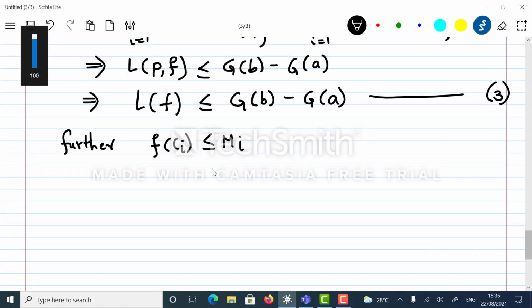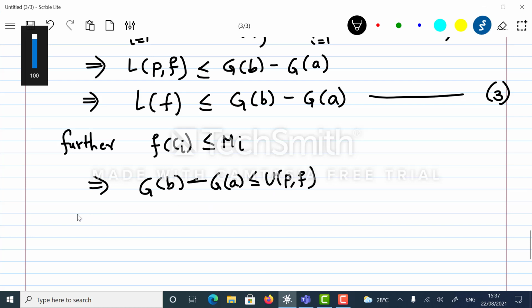If I multiply this with (xi minus xi minus 1) and then take the sigma, I will get, without writing the in-between steps, g of b minus g of a is less than or equal to U(P,f), and if I take the infimum over it, then I will have g of b minus g of a is less than or equal to U(f).